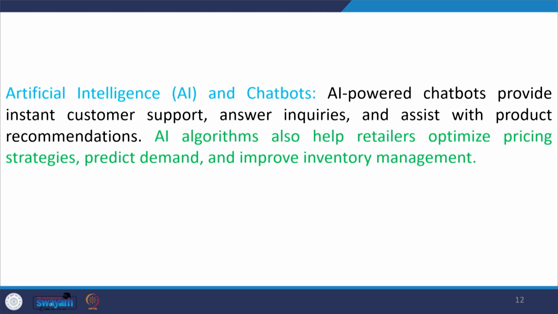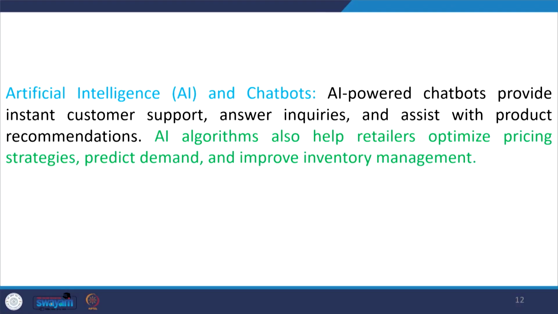Now, when we talk about AI and chatbots, we all know that AI powered chatbots are being utilized by retailers quite often now, because these are used for providing instant customer support, answering queries, and assisting with product recommendations. AI chatbots are nothing but virtual characters which are created to help customers or answer their queries.